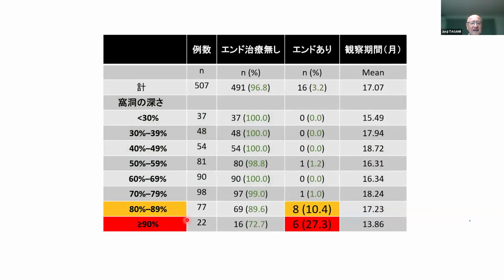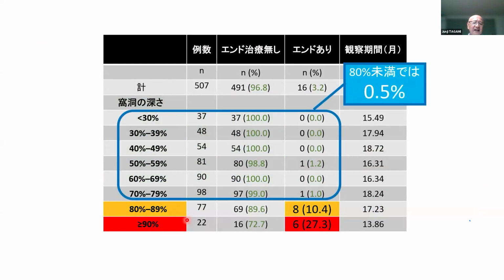Interestingly, in the case of caries depth less than 80%, the occurrence of the endo was only 0.5%. Among about 400 cases, only 2 cases needed the endo.